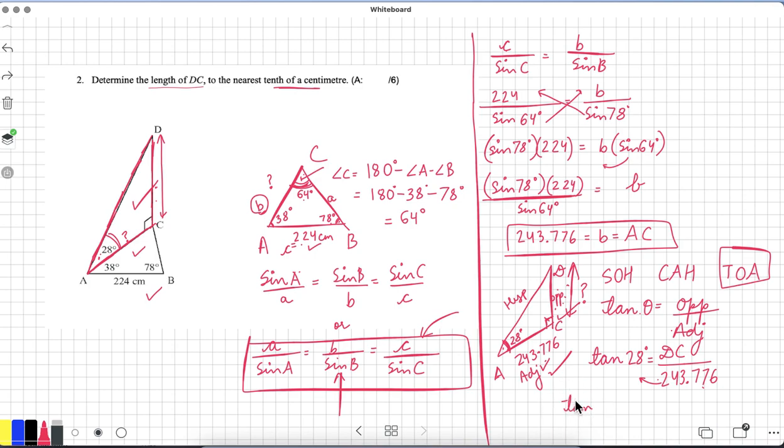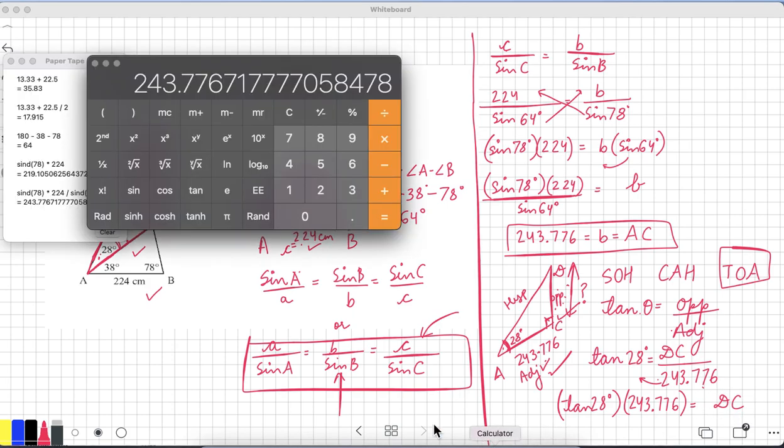So tan 28 degrees is going to multiply by 243.776, and on the other side DC is left. Let's do tan 28 degrees multiplied with 243.776. I got 129.617.